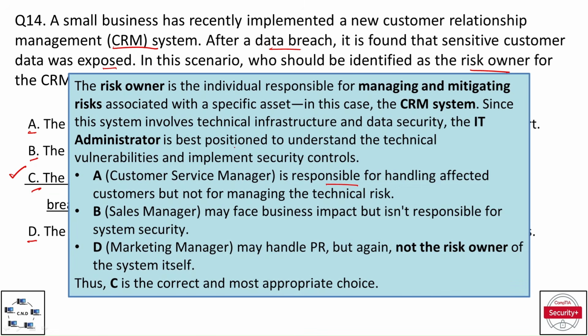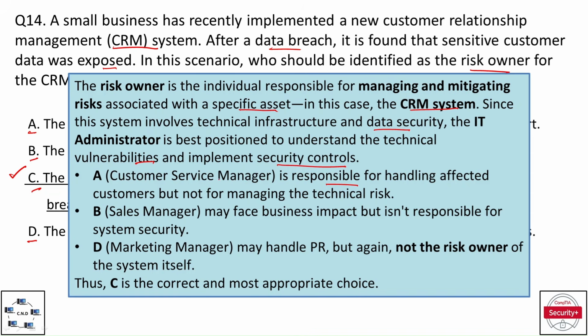And the explanation is: so the risk owner is the individual responsible for managing and mitigating risks associated with a specific asset, in this case, the CRM system. Since this system involves technical infrastructure and data security, the IT administrator is best positioned to understand the technical vulnerabilities and implement security controls.